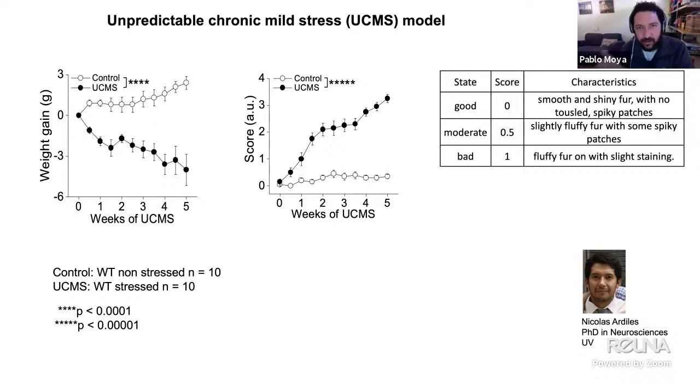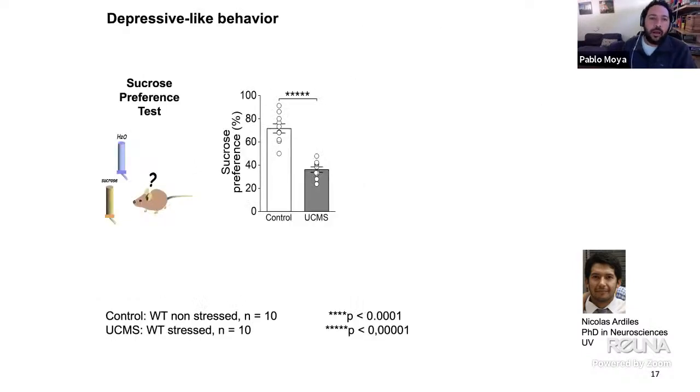Those are indicators of a depressive-like behavior, as you can observe here in this score, based on this table. So the protocol damages the animals from a physical appearance and weight gain standpoint.